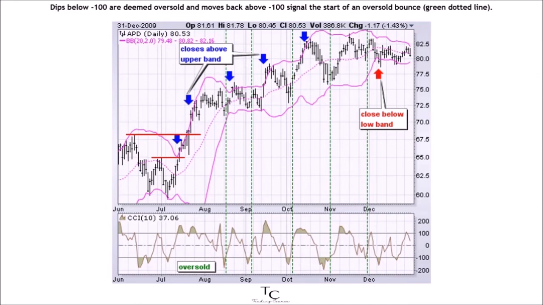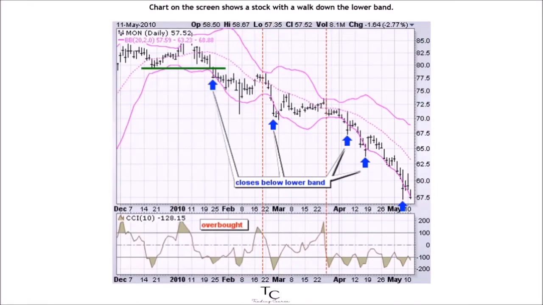Look at the green dotted line. The upper band tag and breakout started the uptrend. CCI then identified tradable pullbacks with dips below -100. This is an example of combining Bollinger Bands with a momentum oscillator for trading signals.